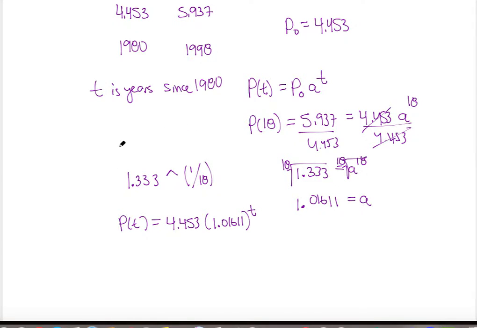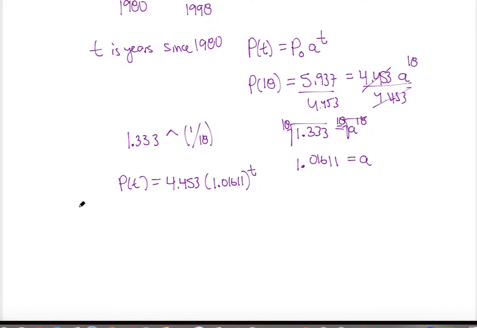So in order to predict the population in 2008, we'll say that t is 28 because that is the number of years since 1980. So we'll have P of 28 equals 4.453 times 1.01611 raised to the 28th power.